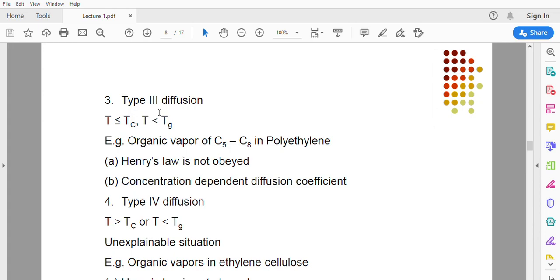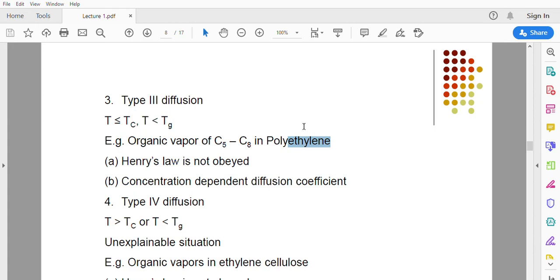At this condition, for example, you want to separate an organic vapor like C5 or C8 using, not polyethylene, suppose polycarbonate. The glass transition of polyethylene is generally below environment temperature. So the Tg of polycarbonate is well above the atmospheric temperature.